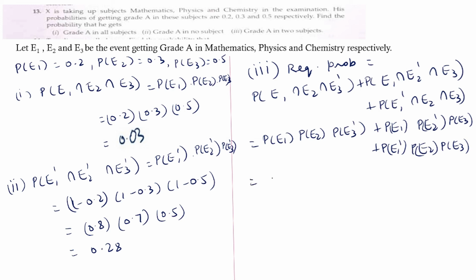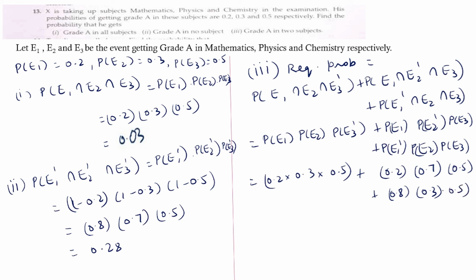So this is equal to probability of E1 is 0.2 into E2 is 0.3 into E3 complement is 0.5, plus probability of E1 is 0.2, probability of E2 complement is 0.7, probability of E3 is 0.5, plus probability of E1 complement is 0.8, probability of E2 is 0.3 and probability of E3 is 0.5.